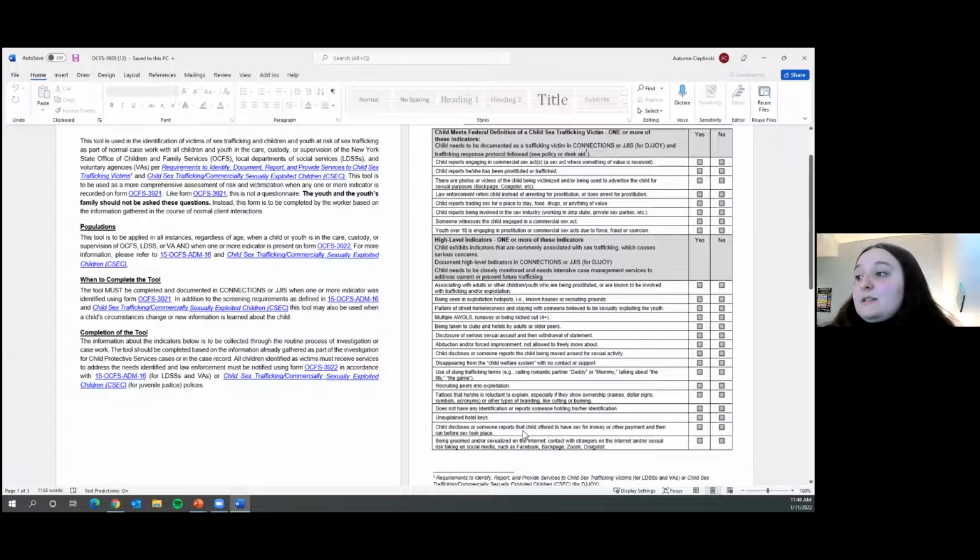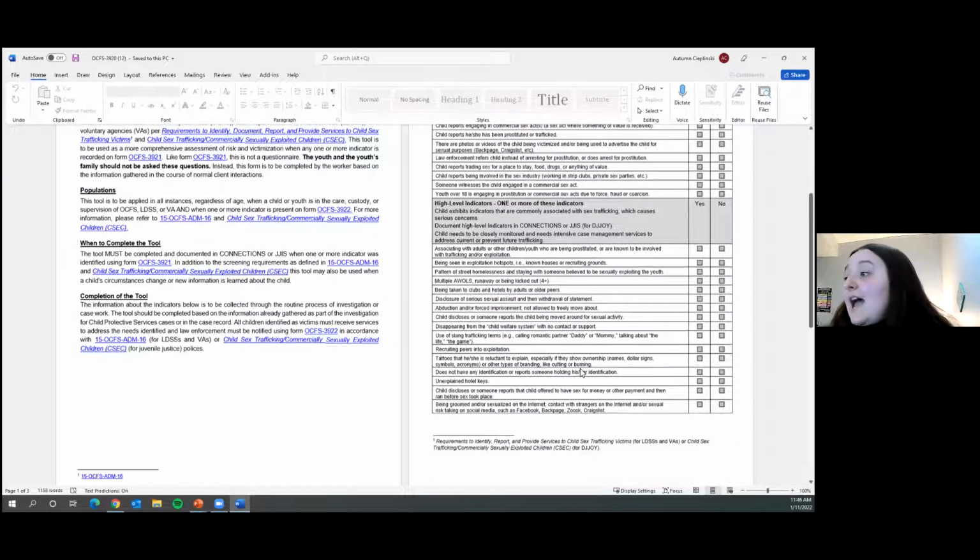The child reports, or someone reports, that the child offered to have sex for money or other payment and then ran before the sex took place, being groomed on the internet.